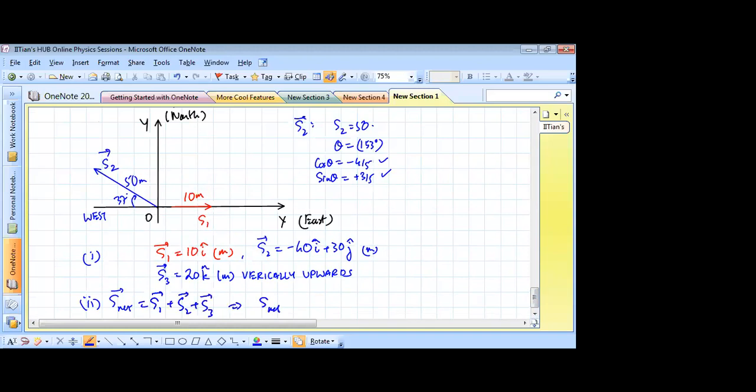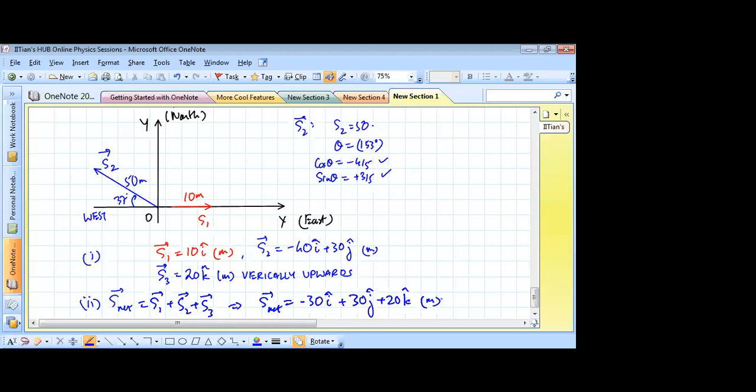So S net will become the sum of the x components: 10 minus 40 plus 0. So that is minus 30. Okay. Y component is plus 30 and Z component is plus 20. So square root of 2200.